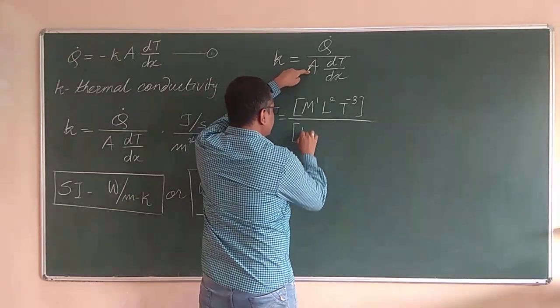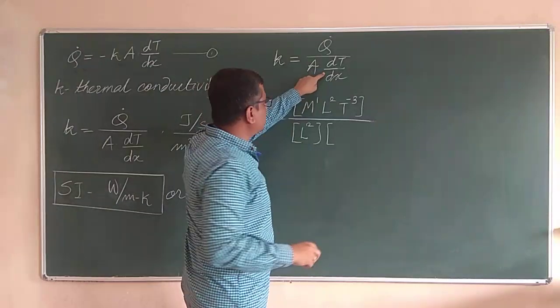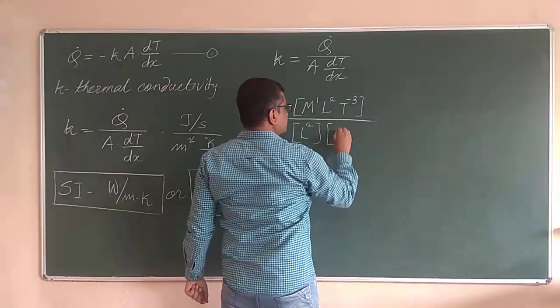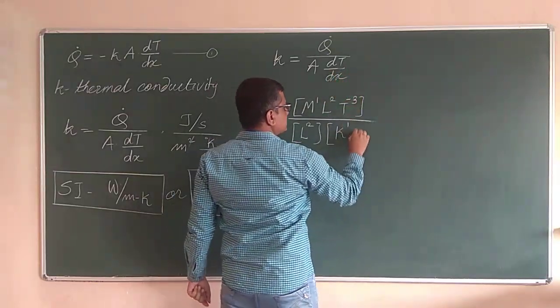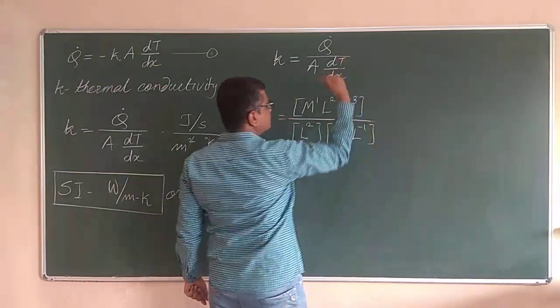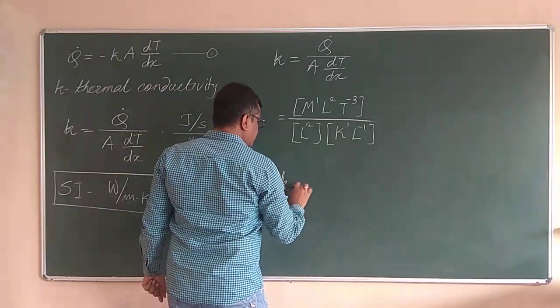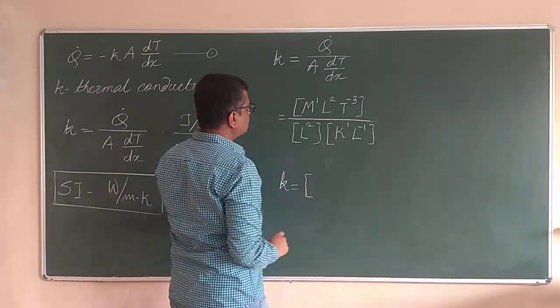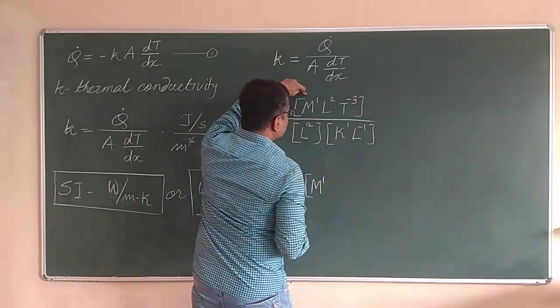So it is L2 over here, and the dimensions of temperature gradient will be, I will say temperature is in terms of Kelvin, so I will say it is K1, and dx is L minus 1 since dx is in the denominator. So what final dimensions are we getting for K? Check this one. M term is only one term over here, so it is M1.